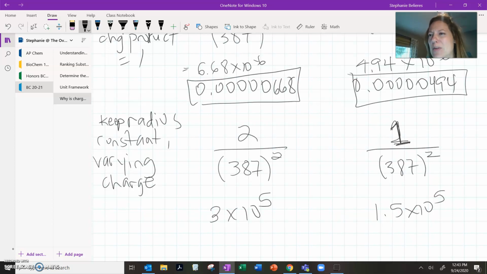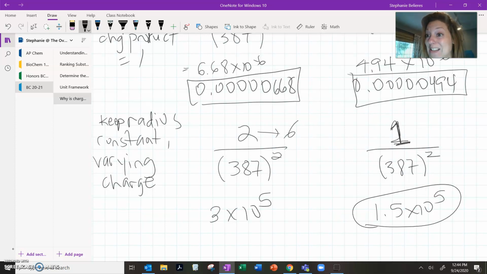Even doubling is just increasing it by a factor of 2. But let's say I did something like 6, then I would be multiplying this number by 6. So even with a minor change to the charge, that has a much larger impact on the value of the lattice energy than a minor change in the radius of two ionic substances would have.